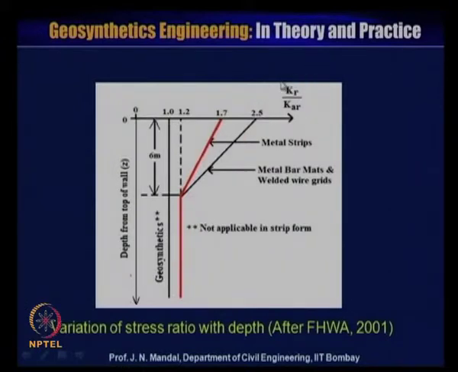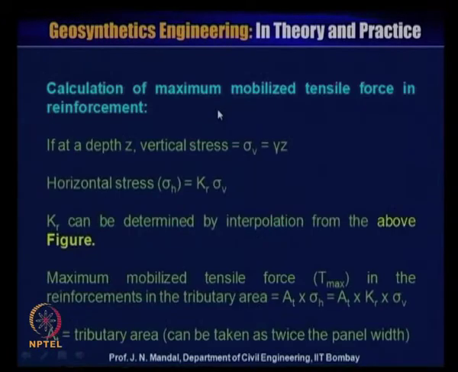From this you can interpolate and determine what the stress ratio will be. That means, if you know that Kr by Ka is, let us say, 1.7, it will be known to you. So, here is how we calculate this Kr value.